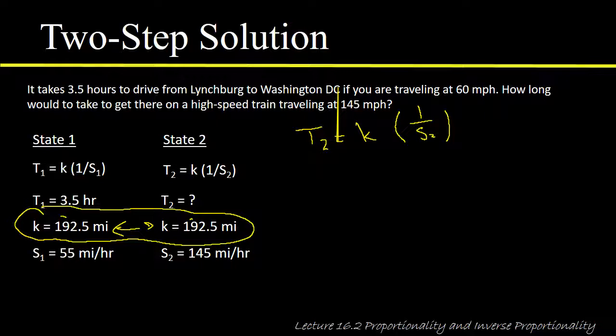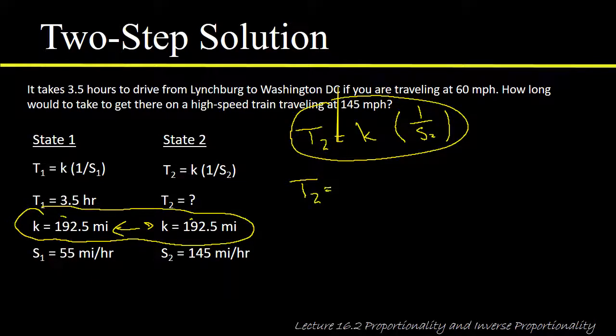Sometimes when you get here, you have to rearrange this algebraically to solve for the variable you're looking for. In this case, we don't, because we're trying to solve for t.